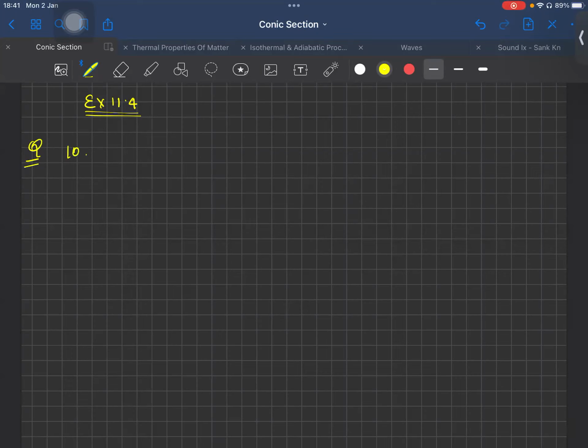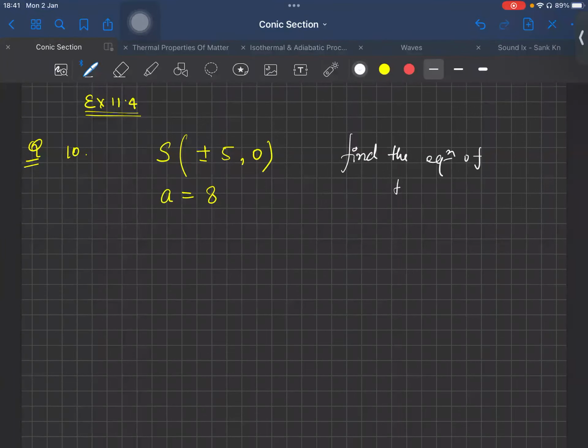The foci of the hyperbola are given as plus or minus 5 comma 0, and the length of the transverse axis is given as 8. Find the equation of the hyperbola. I'm really sorry guys, I keep saying parabola, but it's hyperbola. Find the equation of hyperbola.